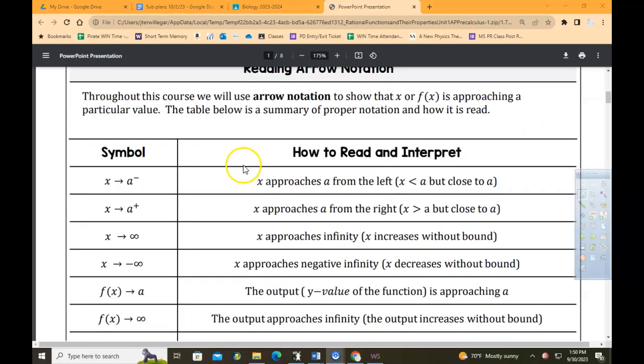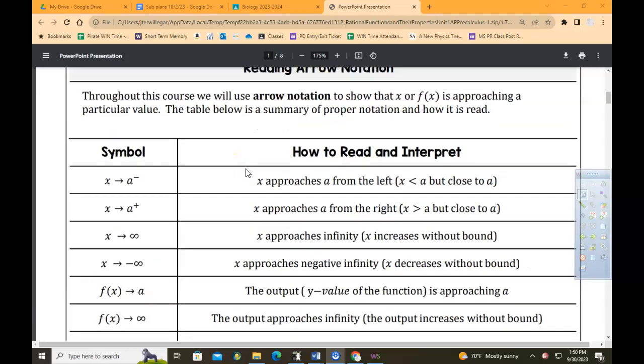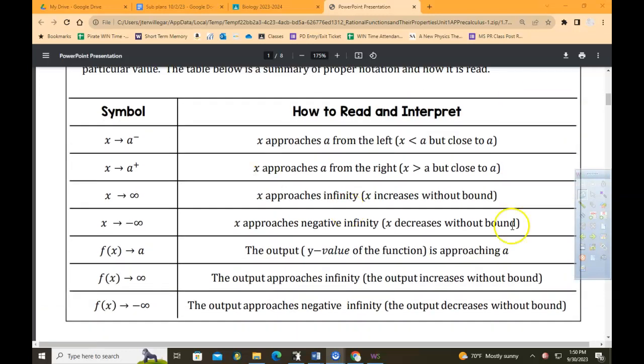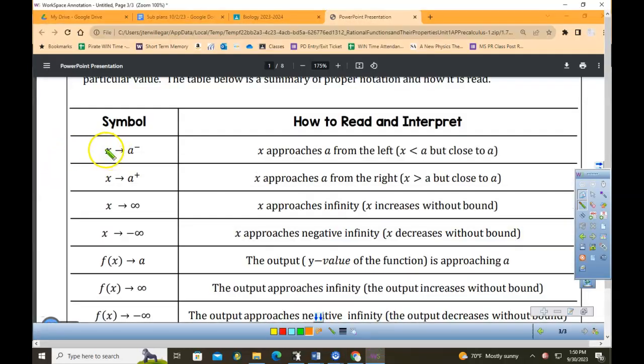Alright, y'all. We have a lot of notation to go through. I'm going to do my best to describe this. We're going to use it a lot. First one we're going to look at is x, arrow, a, negative. Notice that the negative is behind the a, not in front. What this is stating is x, in orange, the arrow means approaches a.